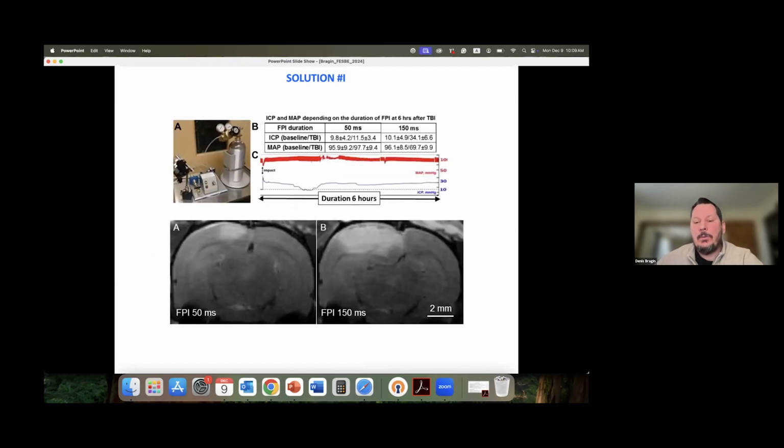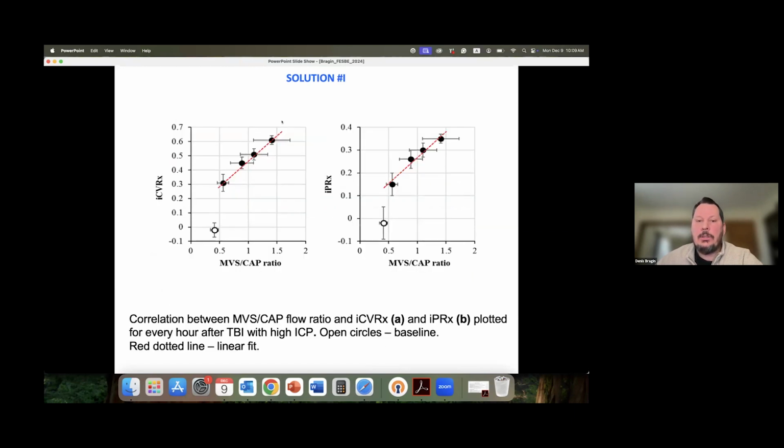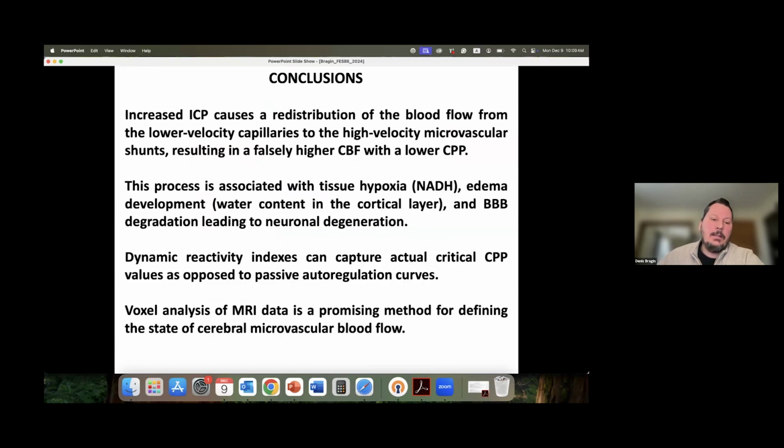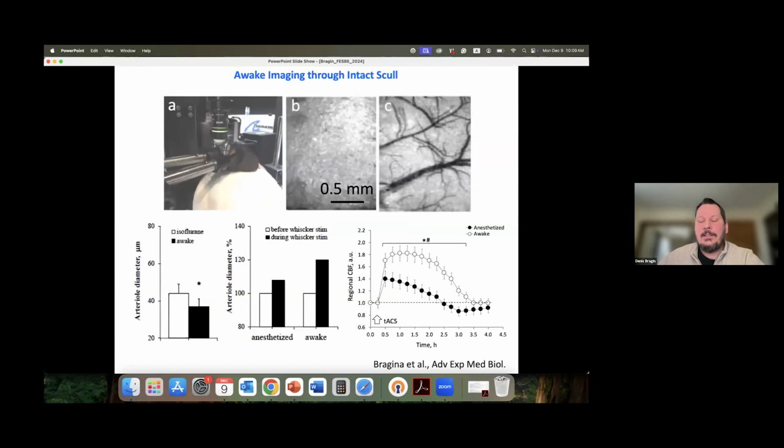We tested it with an animal model of traumatic brain injury, which clearly predicts the microvascular blood flow heterogeneity. And solution number two, we use high resolution MRI, we use a voxel analysis of traumatized tissue, and we're also able to predict it. I'll skip the conclusion.